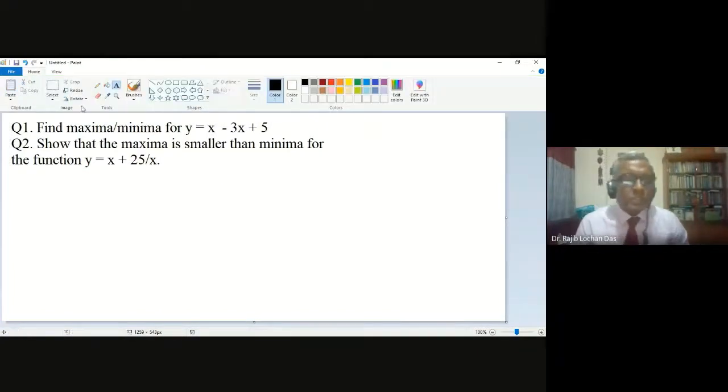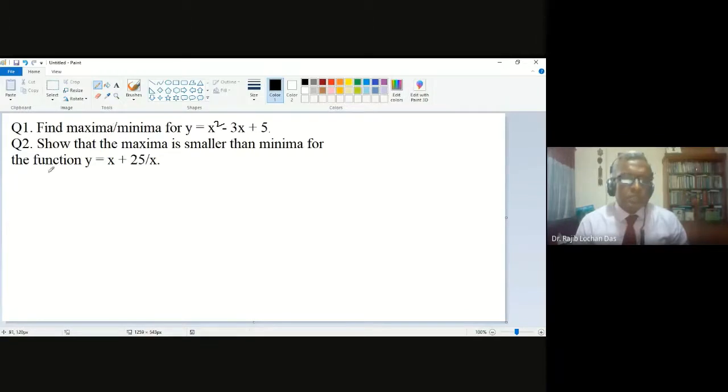So let me just finish the first question. It is x square. So what did I say? This is one question. You will find out maxima or minima, whichever is applicable. So in the question, there is a clue. There will be only one thing.